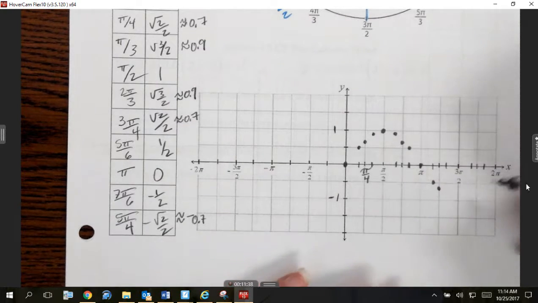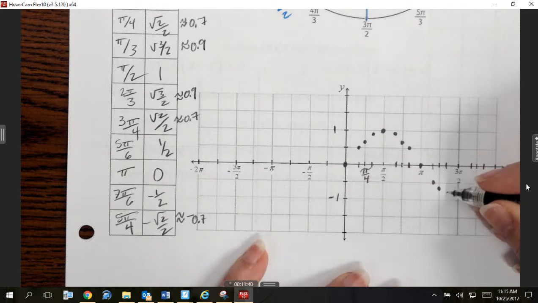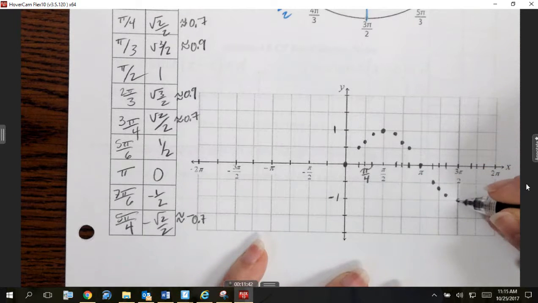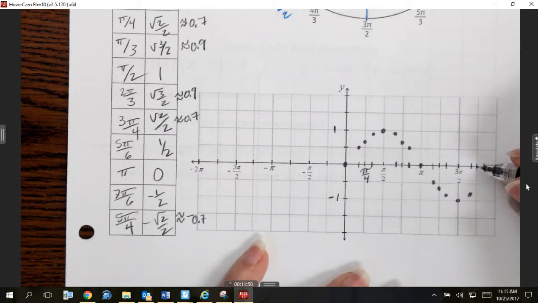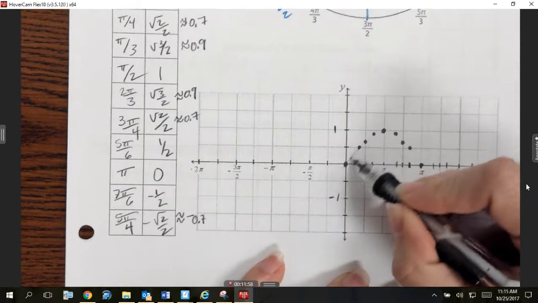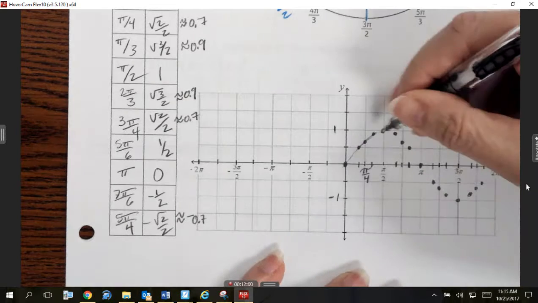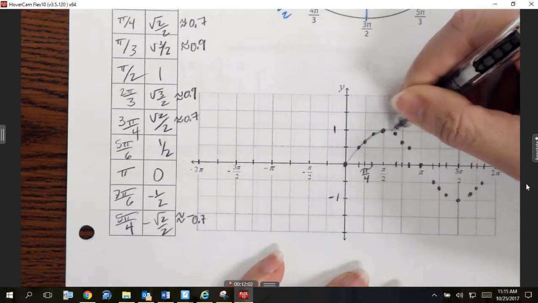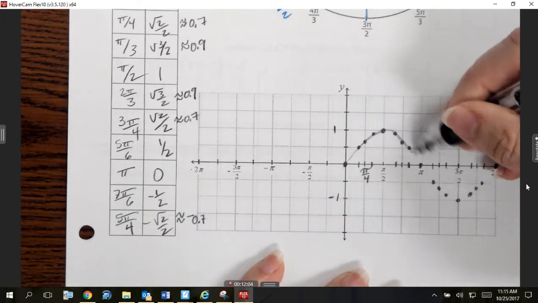But so I'm just going to continue my pattern. And I'm using my sine values from the unit circle since my table wasn't as big as I needed it. And I'm going to do my best job to connect these. And then I'll move my hand so you can see.